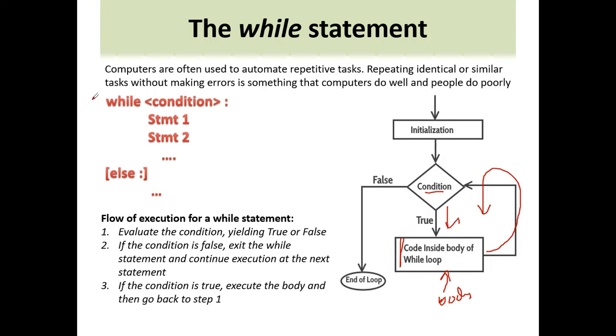This is how the loop looks: while, condition, and this is the important thing, a colon. You must give a colon, just like in if. And remember that you do not have braces. These are not allowed in Python. So all you have to do is remember the indentation, meaning you have to indent the code.